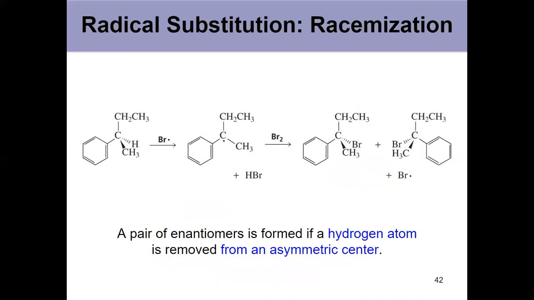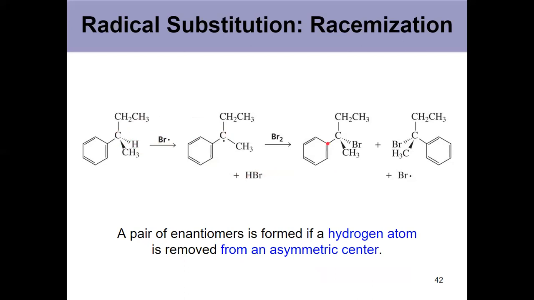Same thing right here, new reaction. If we pull a hydrogen off of an asymmetric center, as we see here, we took this hydrogen away because it reacted with bromine to form HBr. It got plucked off there. We took this carbon, which is sp3 hybridized, and now it's sp2 hybridized.